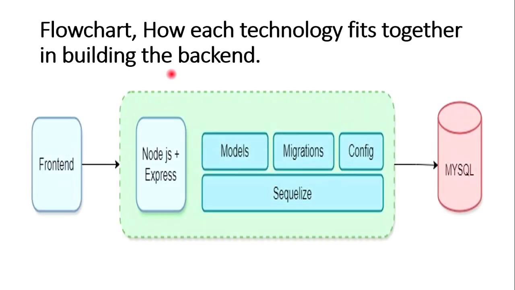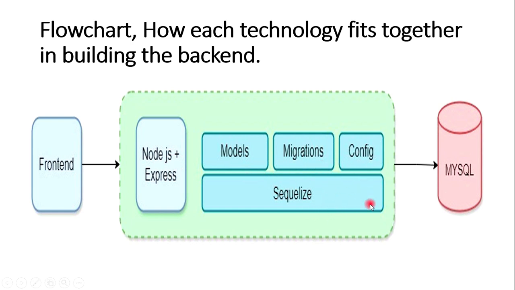So here is a flow diagram of how these technologies interact with each other. First, the front-end or end user sends a request to the Node.js application through the REST API. The API is set up using Express, which handles the request. Then the data is processed by Sequelize using the models we have defined.